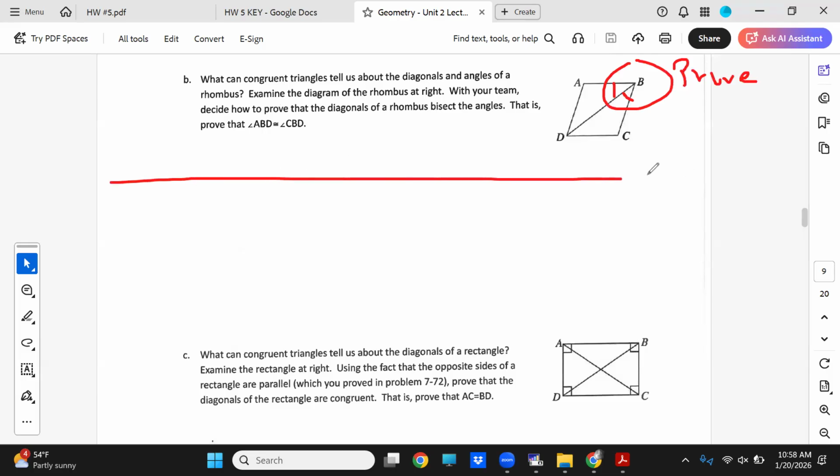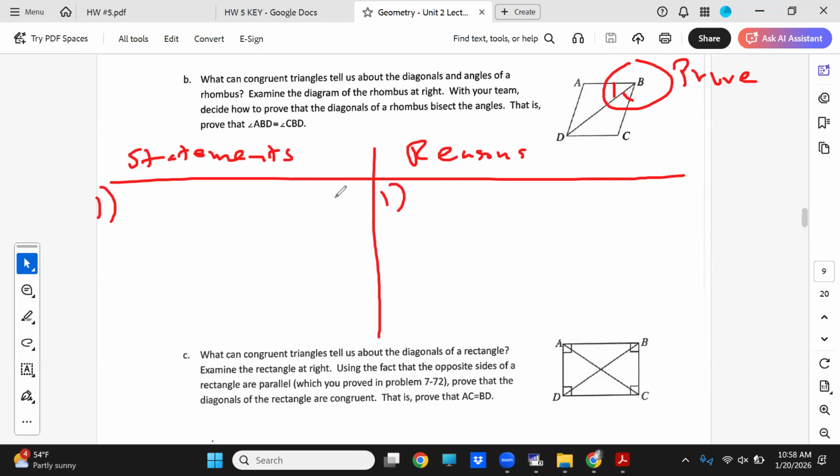I'll tell you what you're given. Since it is a rhombus, I'll just tell you the sides to make your life a little easier. So we know that sides AD is congruent to side AB, is congruent to side BC, is congruent to side CD.